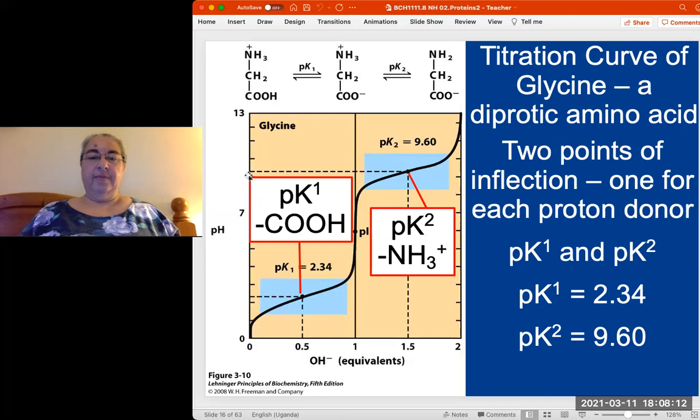Okay, can you see on the curve there? That's 9.6. Okay, so we can actually give a pH value for the pK of each of the points of inflection on the curve for each of the protons that is being lost.